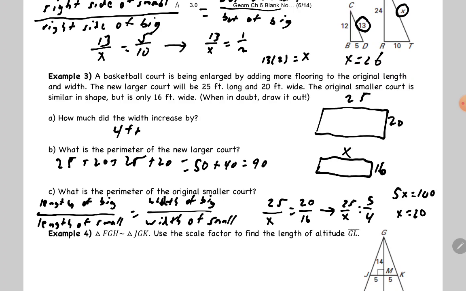So now that we know what x is, the perimeter of the smaller court is going to be 20 plus 20 plus 16 plus 16, which is 72 units, or 72 feet. So 90 feet to 72 feet.